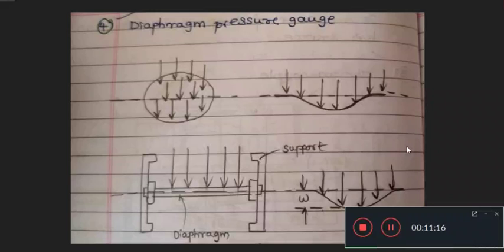The figure shows a diaphragm pressure gauge. It combines both chemical seal and pressure gauge into one unit. The pressure sensing diaphragm measures different pressures on two sides of the diaphragm, as shown in the figure.